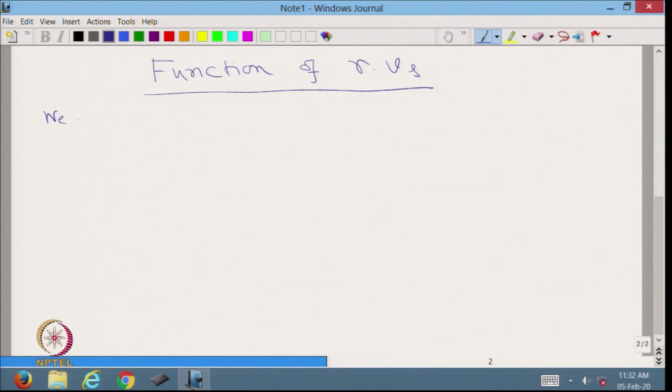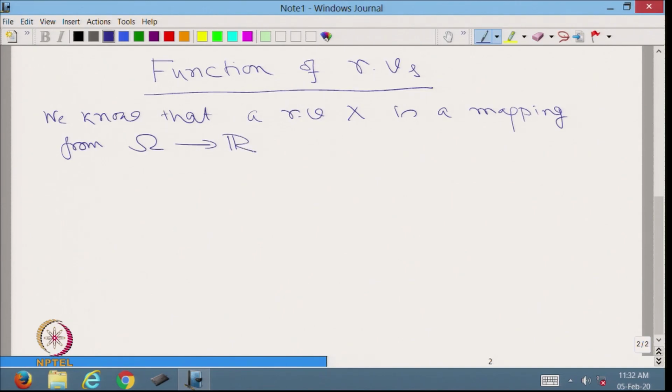We know that a random variable X is a mapping from omega to the real line, on which the sigma field is the set of intervals.